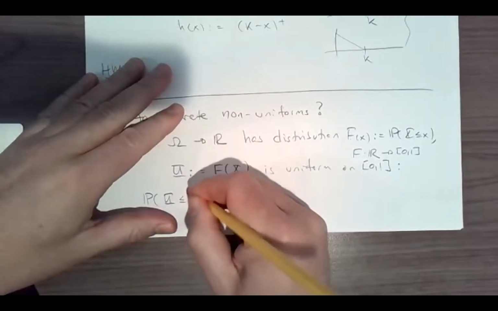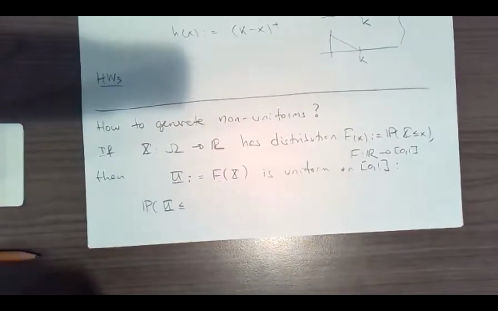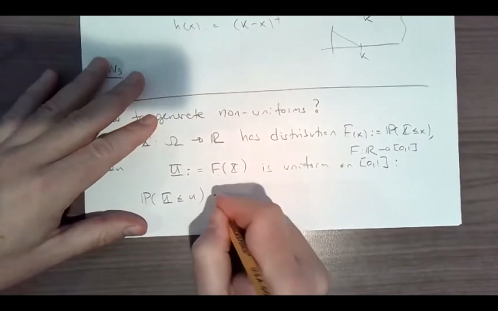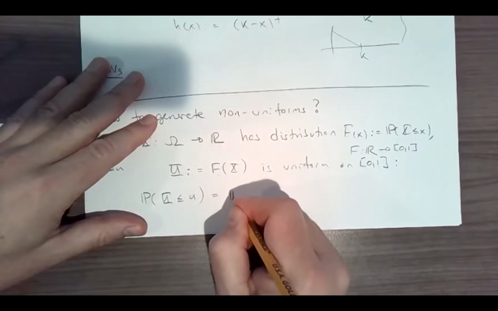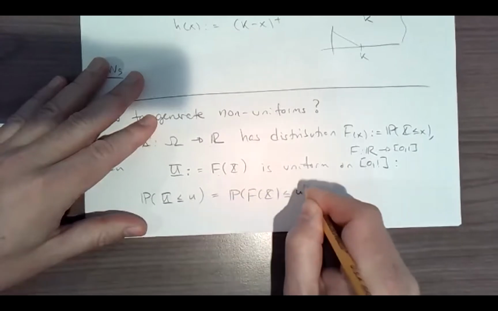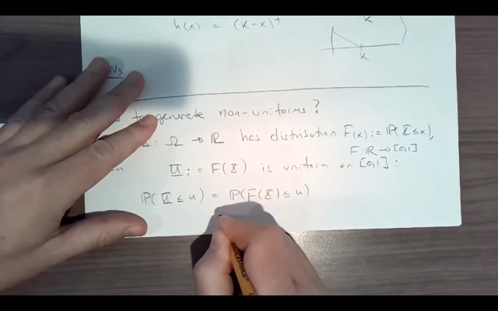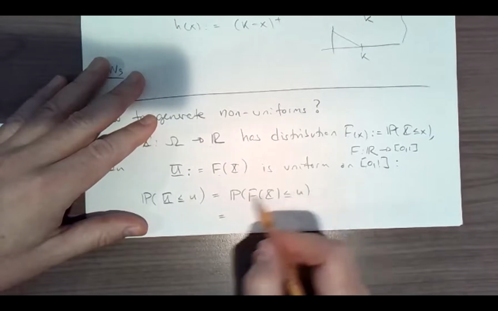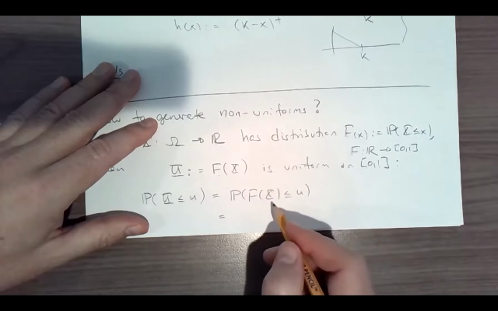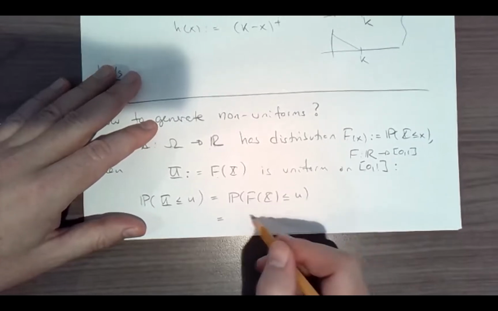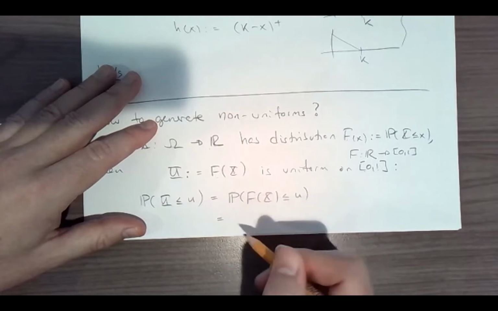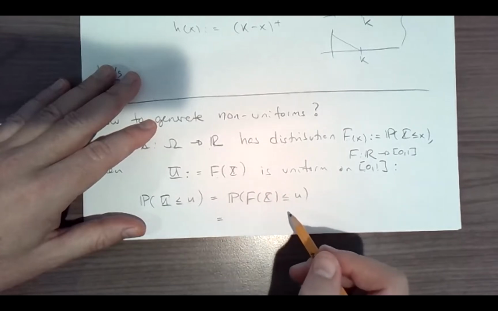The proof is not bad, you just use the definition. The probability that U is less than little u is the probability that F of X is less than little u. Then you can move F to the other side. One of you asked how general you can do that. It turns out you can do this in complete generality, but for the examples we have in mind, at least today, F really has a genuine inverse.